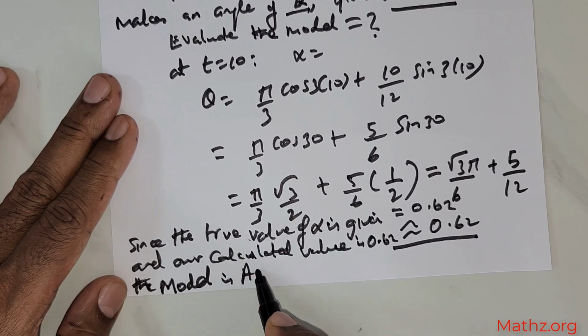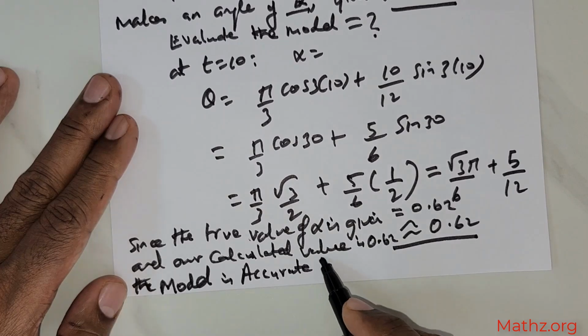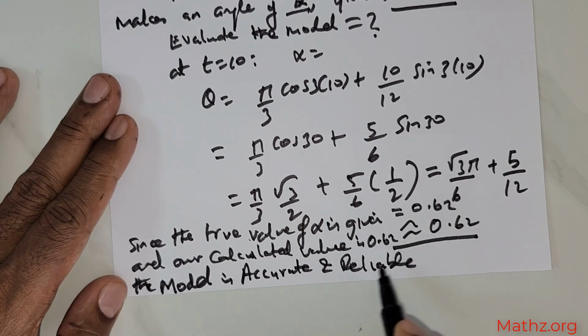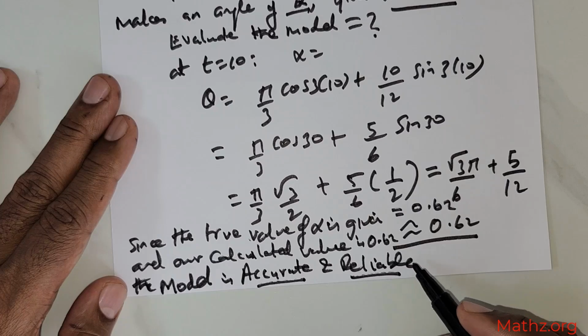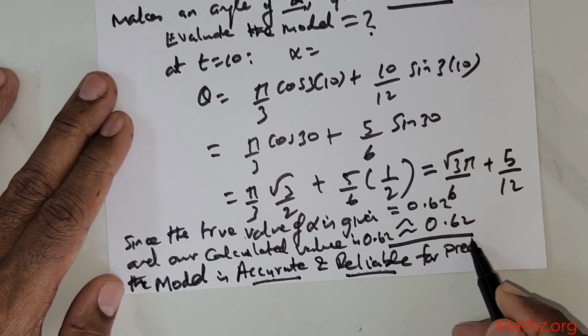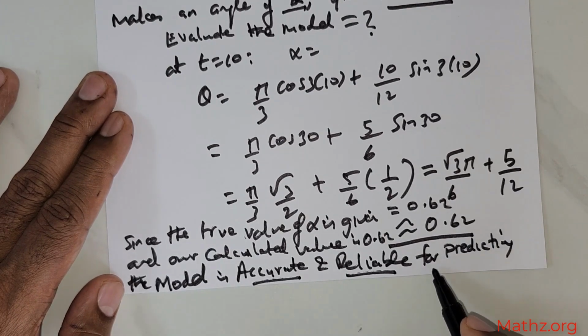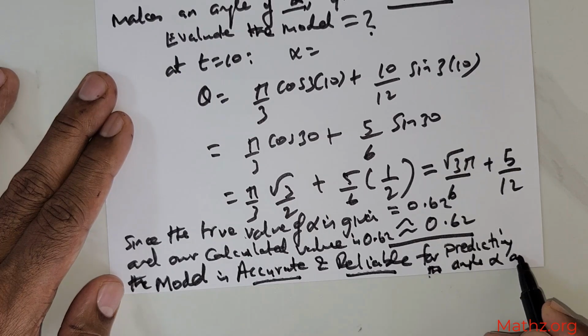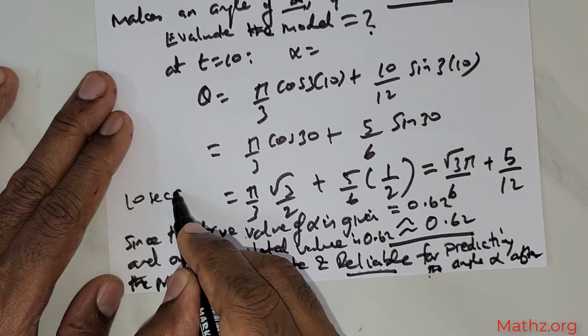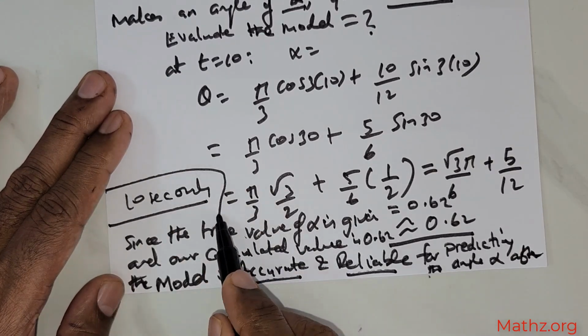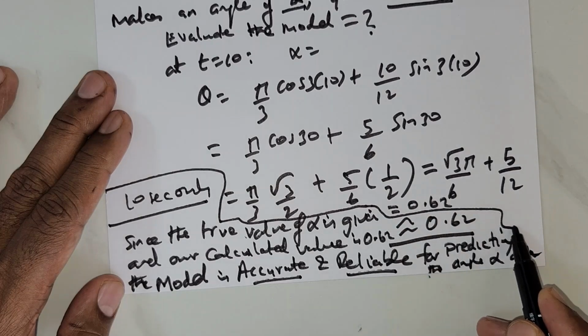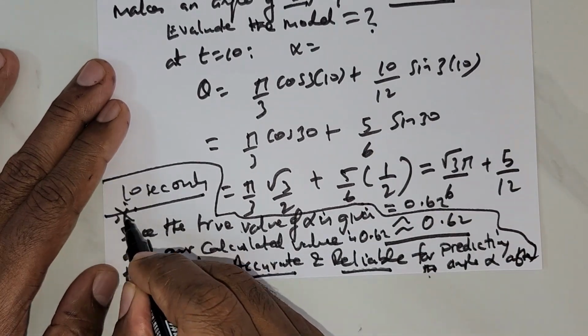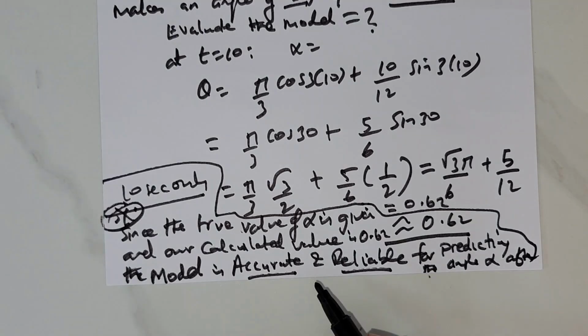The model is accurate and reliable. You have to state these two words. These are the two important keywords, followed by the third keyword for predicting the angle alpha after 10 seconds. Now you have to write down all of this, very important. If you skip these keywords, you won't be awarded full marks. So this conclusion is very important.